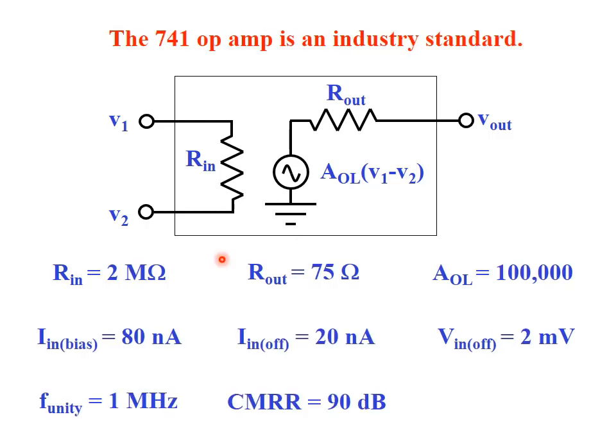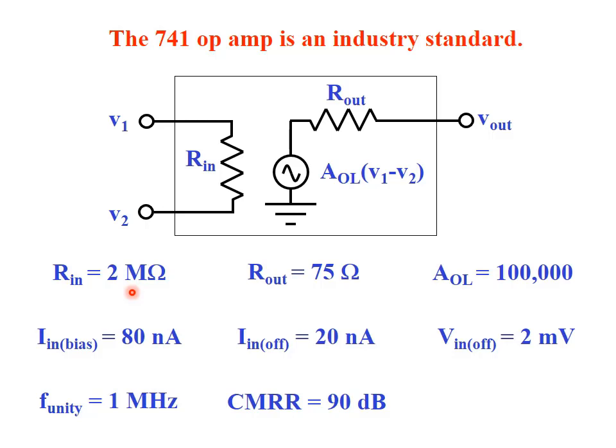So now let's look at the most popular industrial operational amplifier, which is the 741 op-amp. This one is an industrial standard. It's very commonly used in many electronic circuits and devices. So let's see the specification of this 741.